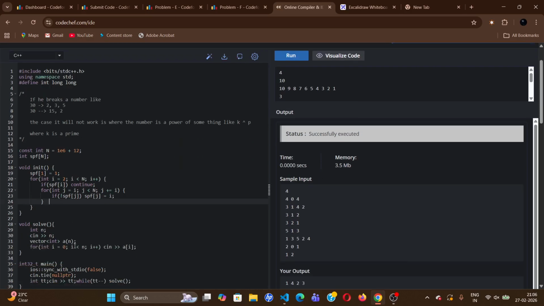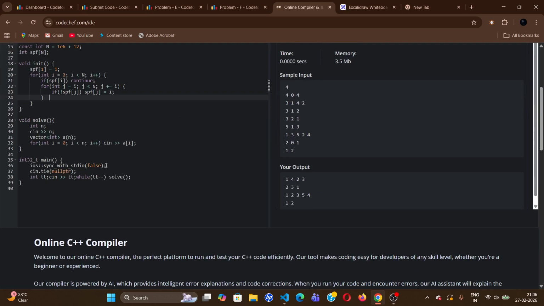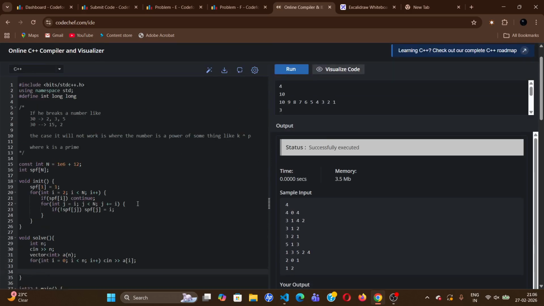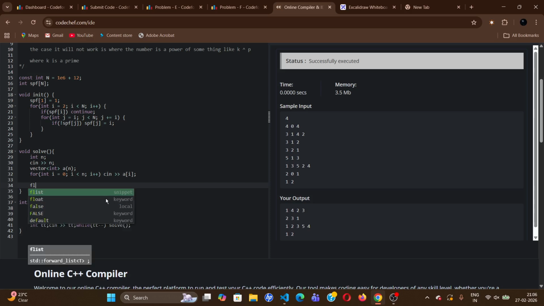Perfect. Now we'll pre-calculate this. After that, we'll check.